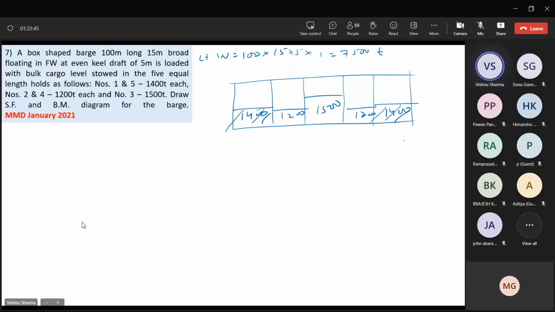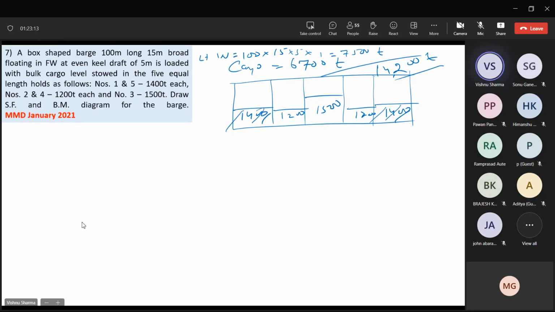So you can total up the weight of the cargo. How much is the total? 6,700 tons. So the total displacement, which gives the buoyancy, will be 14,200 tons, if I'm not mistaken. Yes or no? Yes, sir.